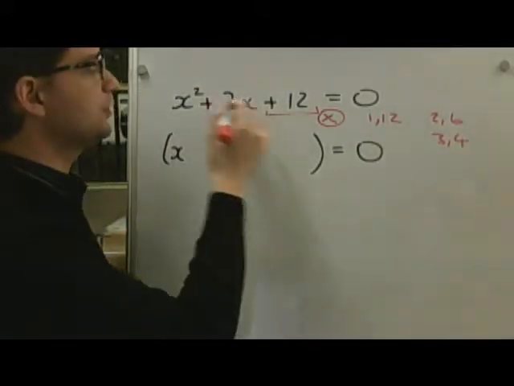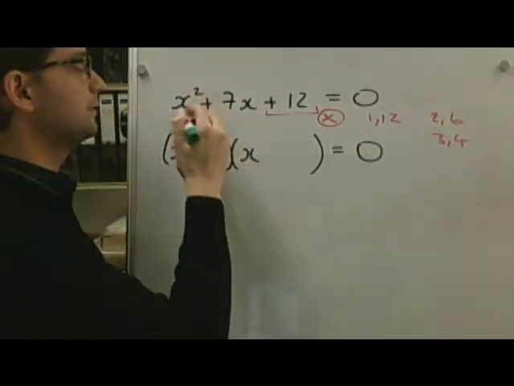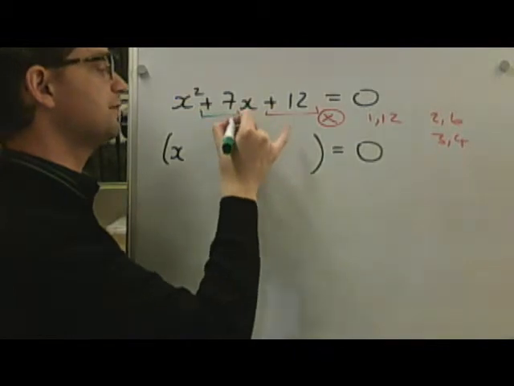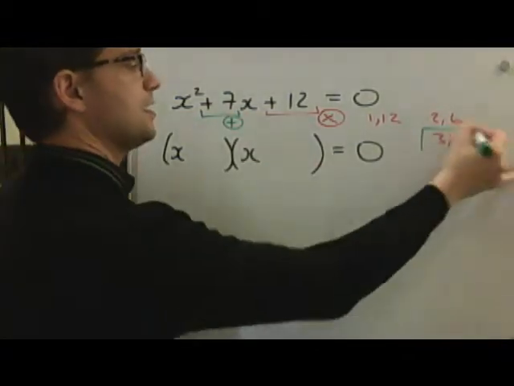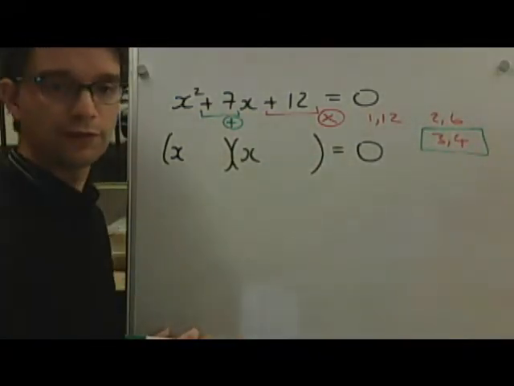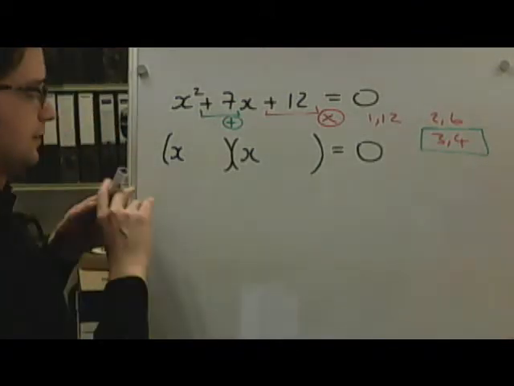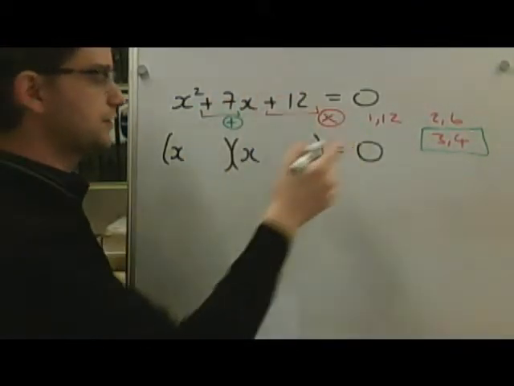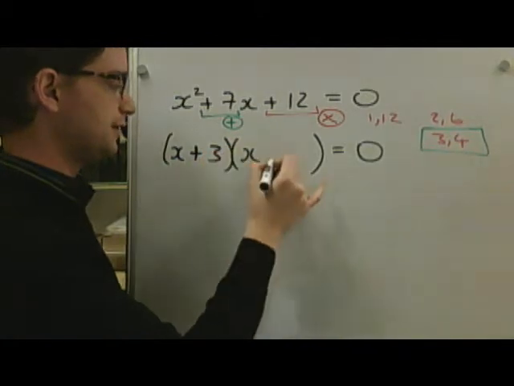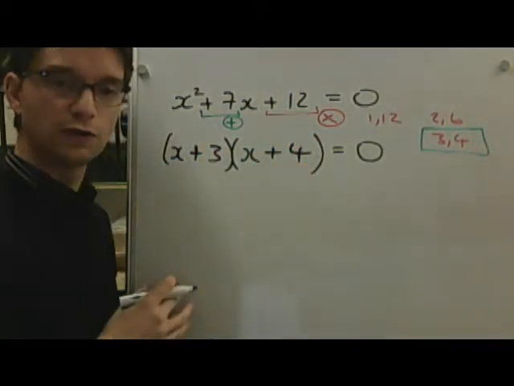Do any of those look like I might get them to add up to give plus 7? Yeah, very much so. I think my 3 and 4 will give me plus 7. And so because all of the signs are pluses, I think I probably need plus 3 and plus 4.